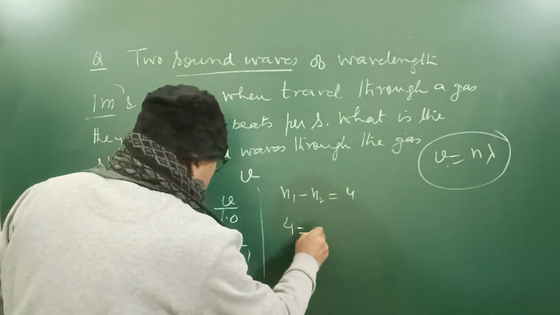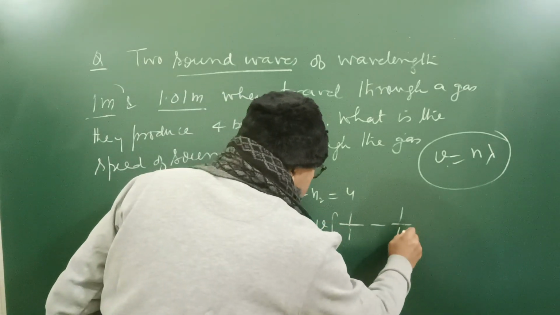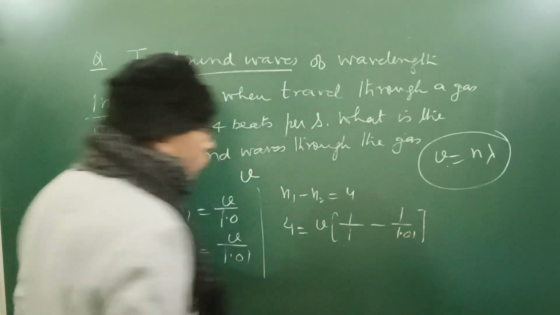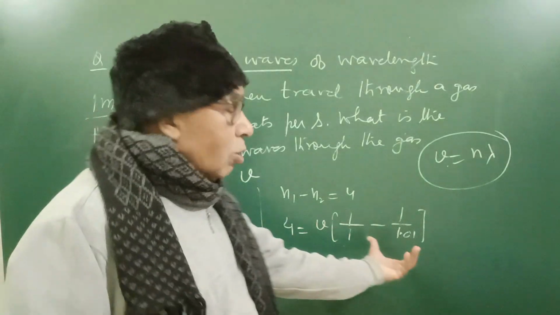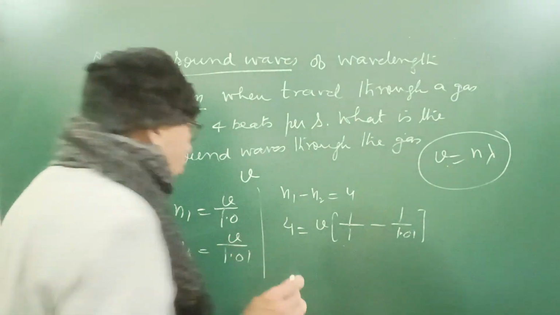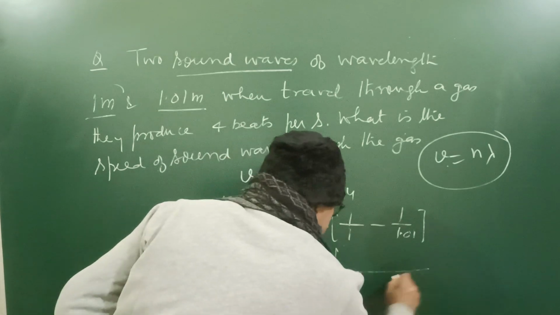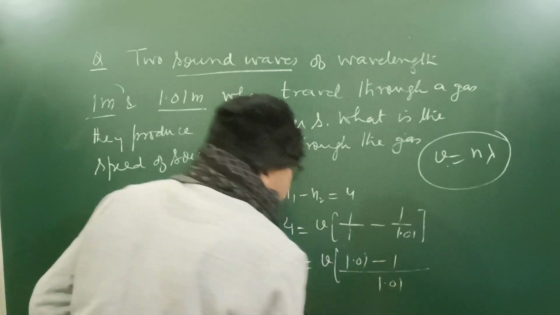So 4 equals v times (1 upon 1 minus 1 upon 1.01) per meter. Yesterday I gave this question to a student who comes to me offline. They were not able to solve this. I don't understand what the problem with the students is. I take the LCM as 1.01.